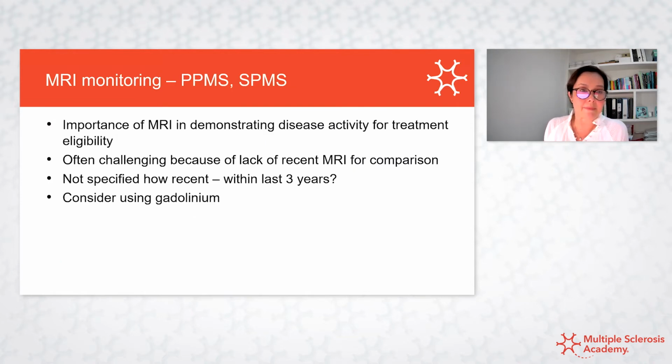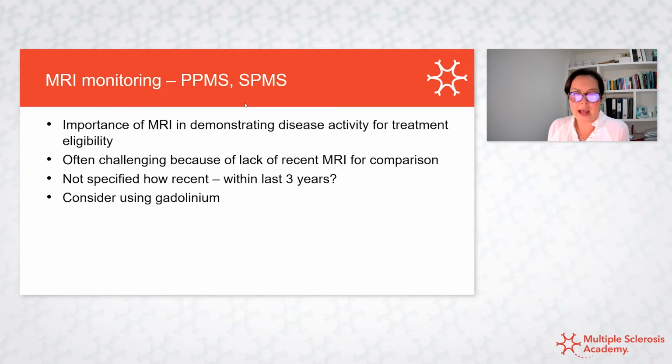So in progressive MS, MRI is predominantly important in demonstrating disease activity in order to demonstrate if a patient is eligible for treatment. And this is often quite challenging because a lot of progressive patients, particularly the secondary progressive patients, don't have recent imaging.